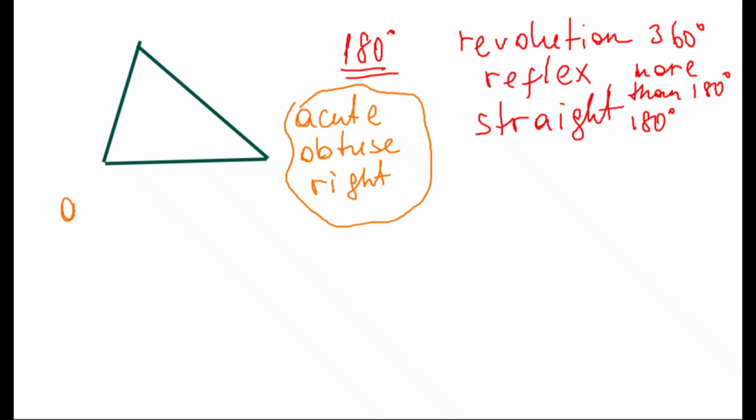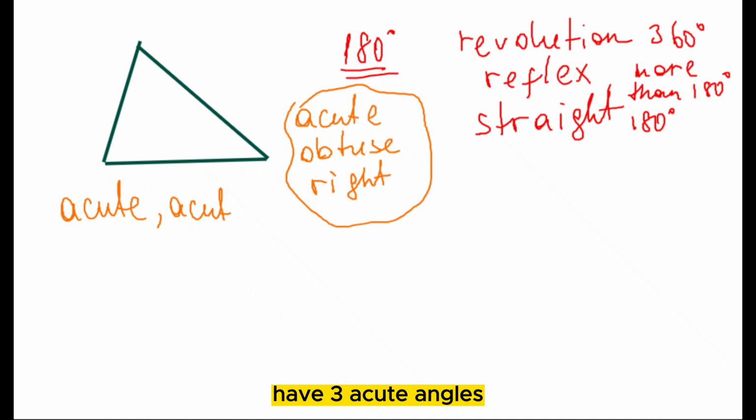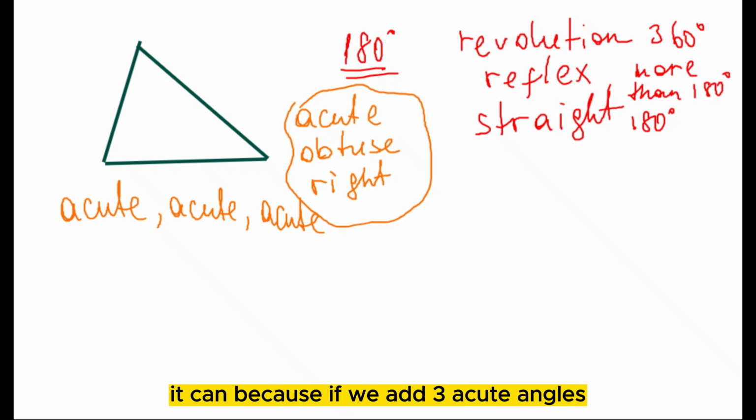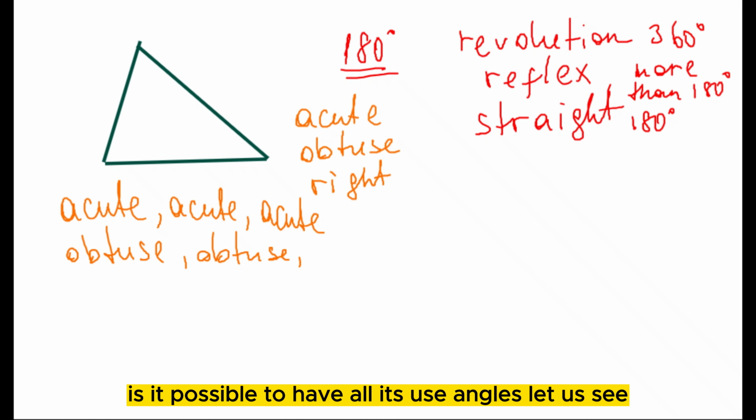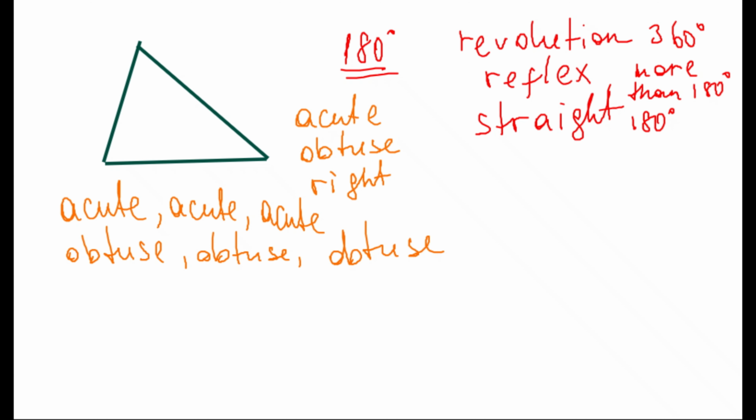Okay, can a triangle have three acute angles? It can, because if we add three acute angles, it is possible to get 180 degrees. Is it possible to have all obtuse angles? Let us see.